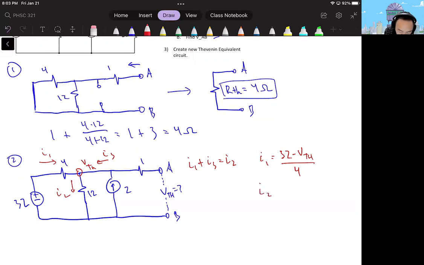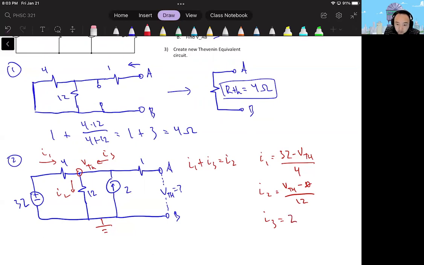I2 is going to be this right here, equal to VTH minus 0, which is down here. This is actually the ground, sorry for forgetting to write that. So I2 is VTH over 12. And I3, since it's the current source right here, is just equal to 2.